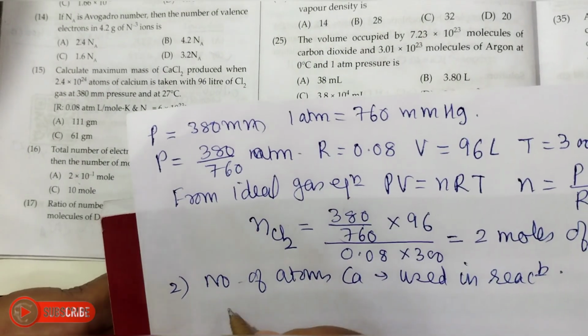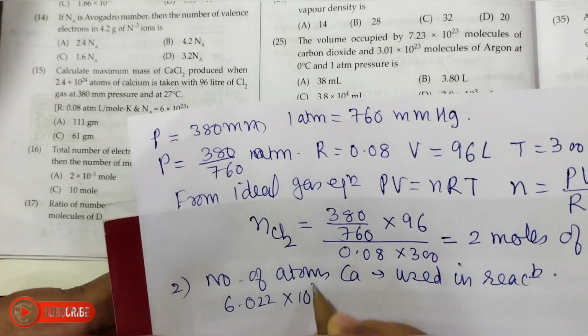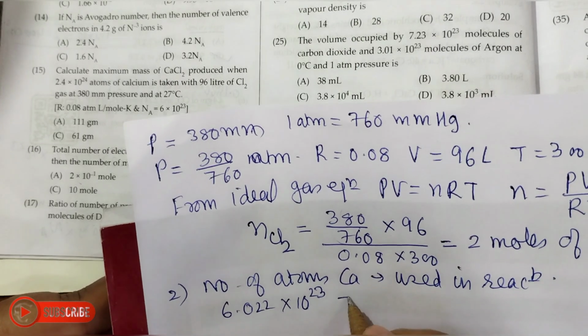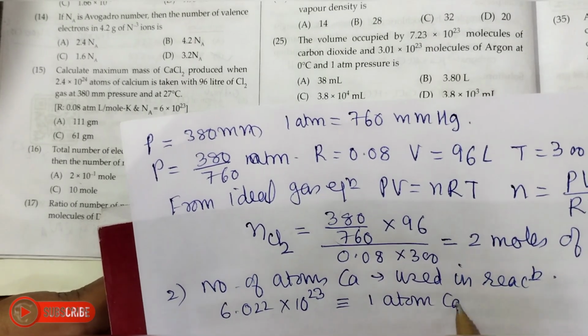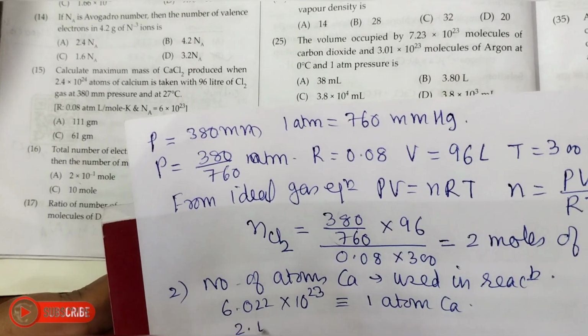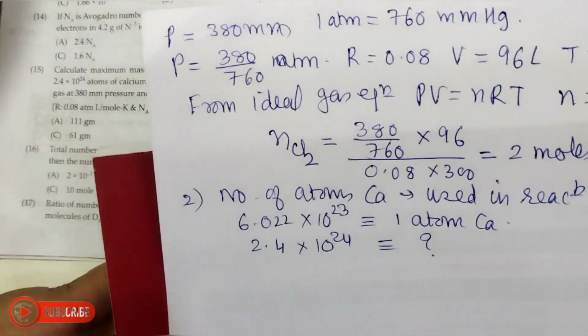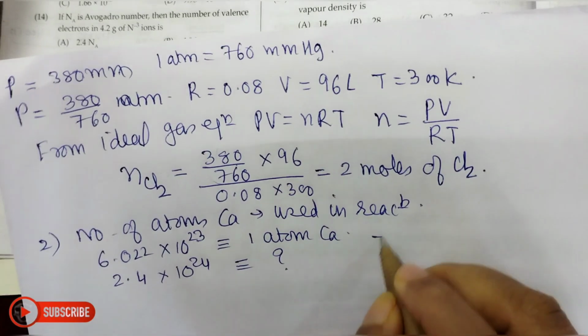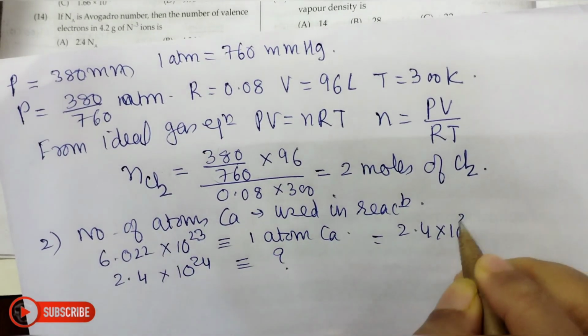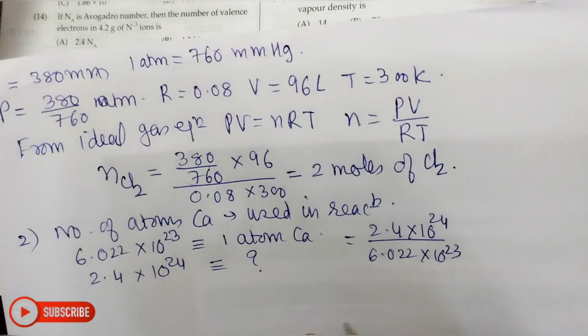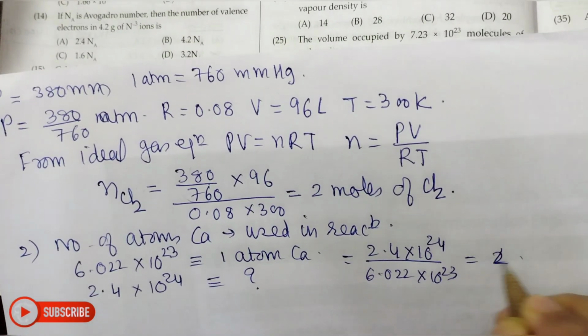So let us use 6.022 into 10 raised to 23 atoms corresponds to 1 mole of calcium. Therefore, in the given number, 2.4 into 10 raised to 24, how many moles of calcium are present? If you cross multiply, you will get 2.4 into 10 raised to 24 divided by 6.022 into 10 raised to 23. So this will give you 4.